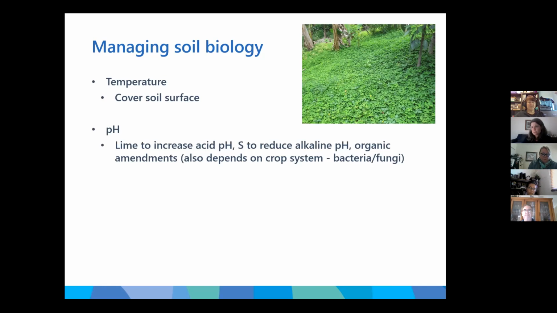Organic amendments also have been shown to move pH towards neutral. Also, the pH depends on the crop system and the plant requirements for acidity and its pH range. And also the bacteria to fungi ratio, you'll find in tree crops like macadamias are more likely to have more fungi than a broadacre wheat crop.